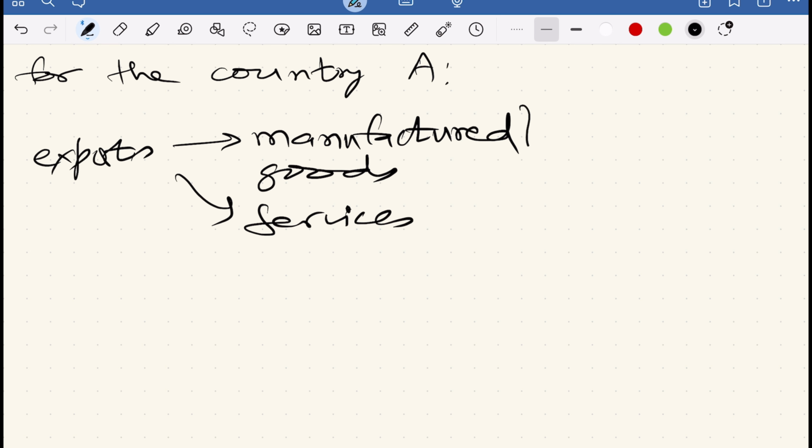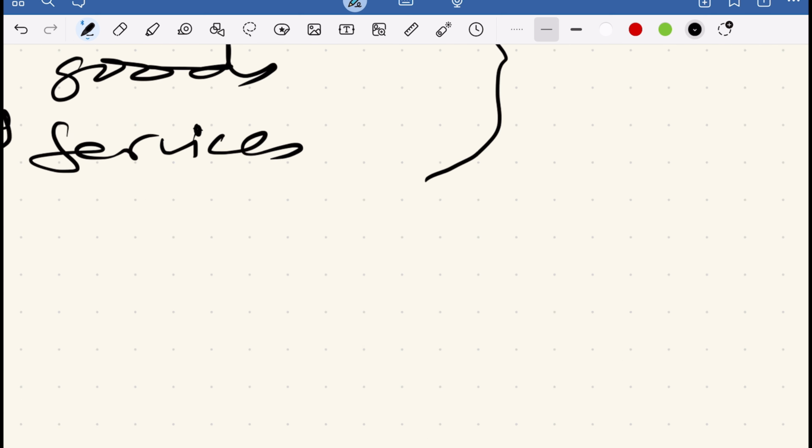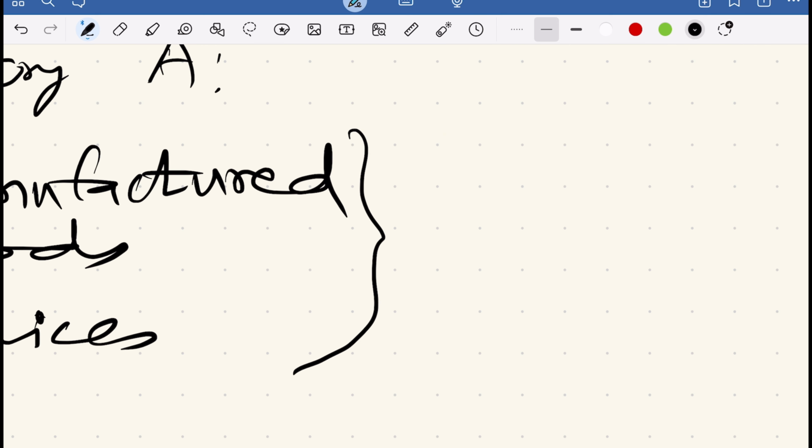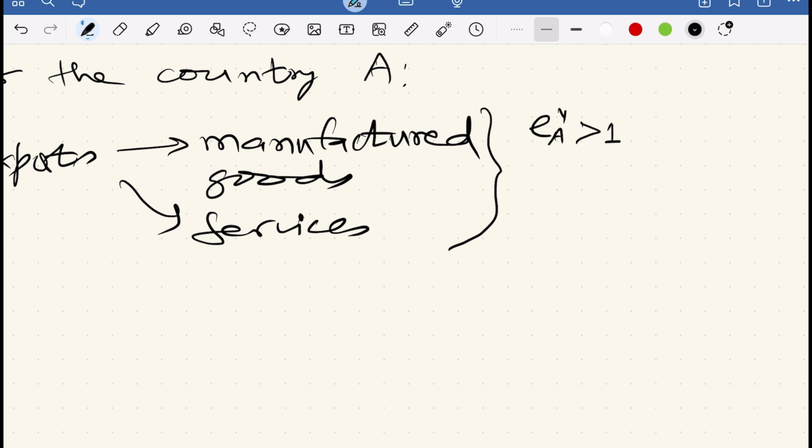Manufactured goods are also generally the goods which are sophisticated ones. So for both of these, we will have income elasticity of demand for country A's product greater than 1. Okay, so now the price elasticity of demand for country A's product will also be relatively elastic.